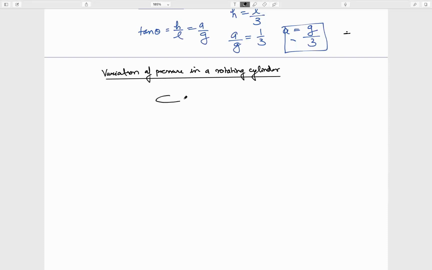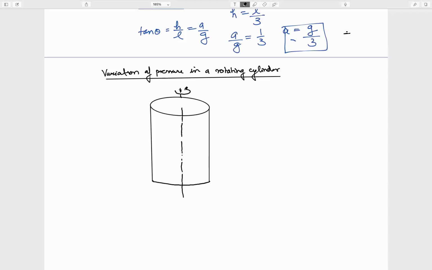So let's say we have this big cylinder, and this is the center line, and this cylinder is rotating with angular speed omega.